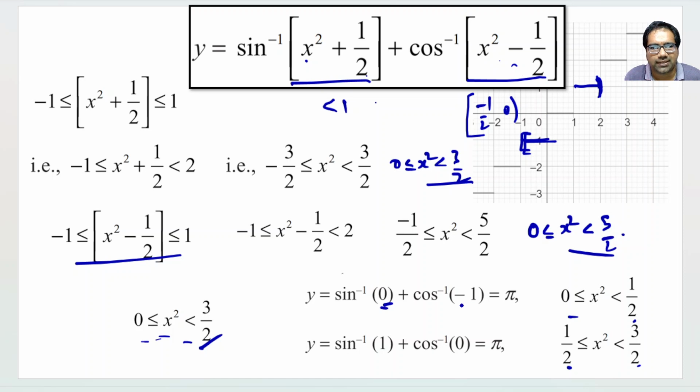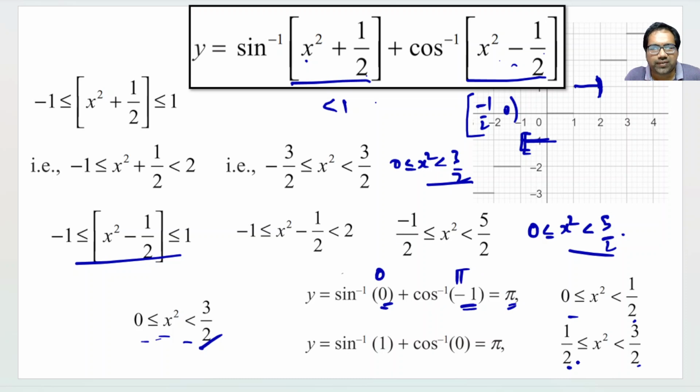This will be equal to minus 1. 0 is not included because x squared is less than half, so something lesser than half minus half will be lesser than 0. So the greatest integer function of this is equal to minus 1. So sine inverse 0 is 0. Cos inverse of minus 1 is pi. So together it is pi.